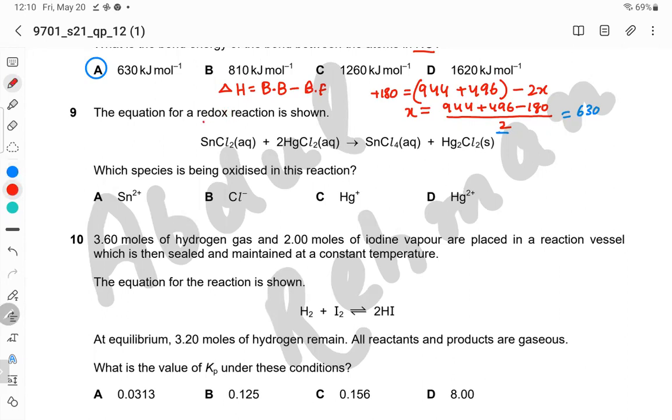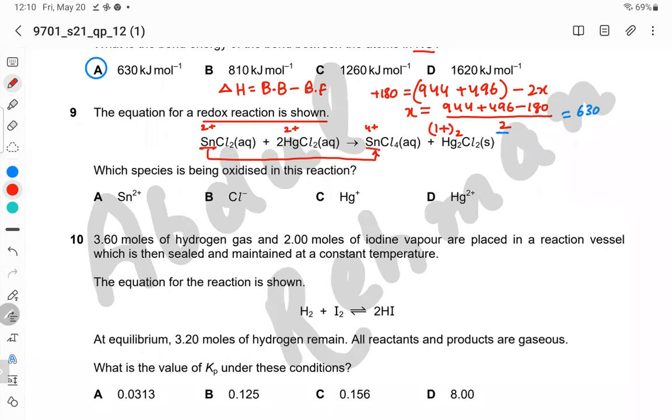The equation for a redox reaction is shown. If you work it out, you will find it is 2 plus, here it is 4 plus, here it is 2 plus, and here it is 1 plus times 2, because there are 2 moles of mercury. Which species is being oxidized in this reaction? It is easily identifiable.